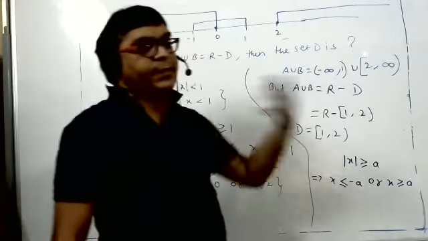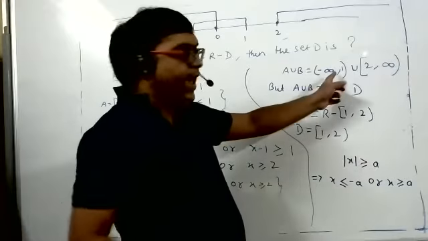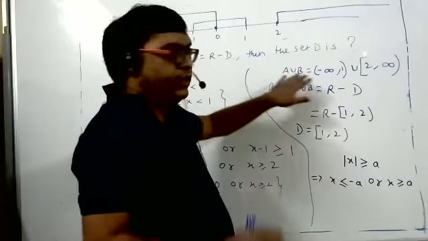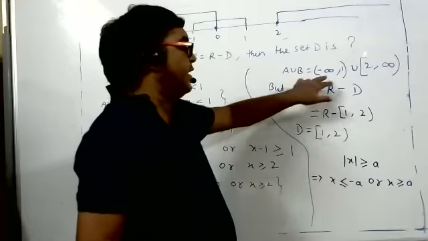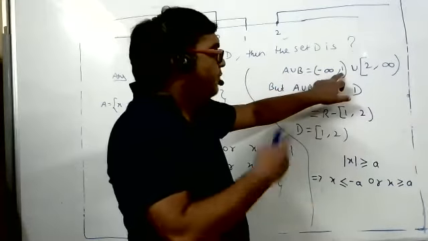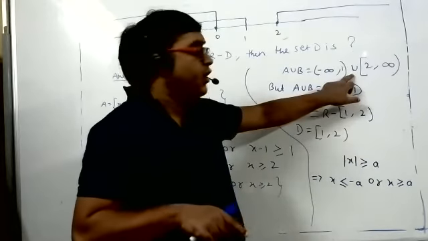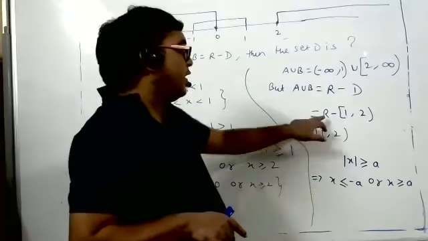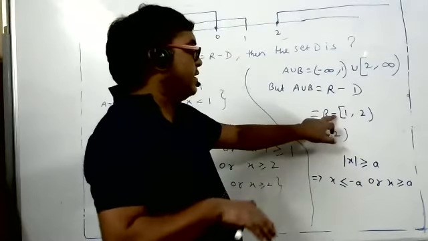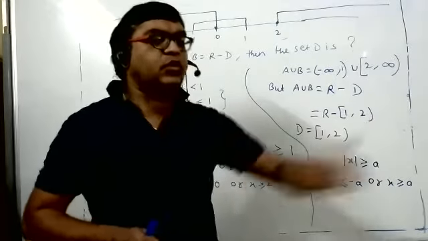So how can I express my answer as R minus D? Which real numbers have I not considered in A union B? Which real numbers are not there in the answer? All real numbers are there, minus infinity till 1. But after 1 to 2, those real numbers are not in the answer. So I can write my answer as all real numbers minus (1, 2). (1, 2) means not 1 and 2, from 1 to 2.